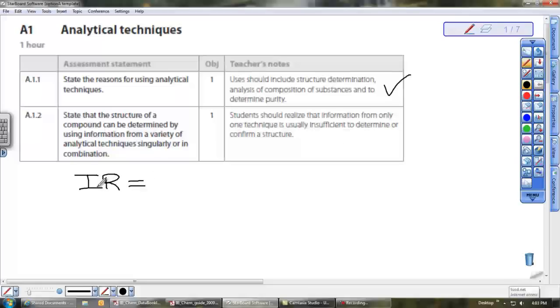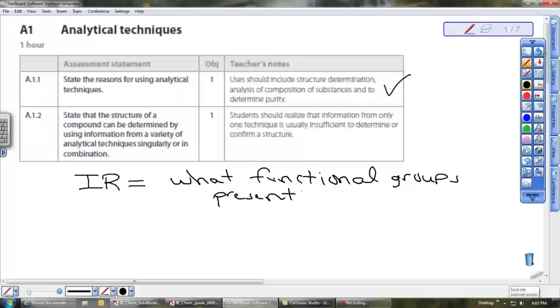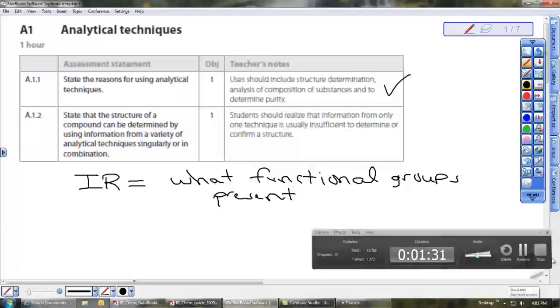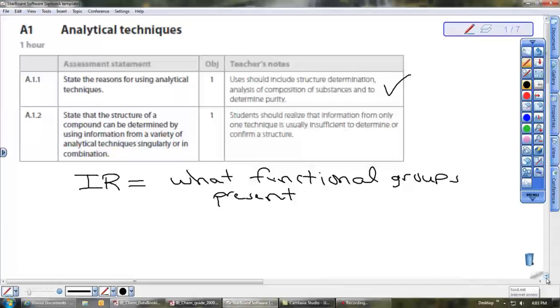The first is called infrared spectroscopy. That's what the IR stands for, infrared. So in infrared spectroscopy, we are investigating what functional groups are present.